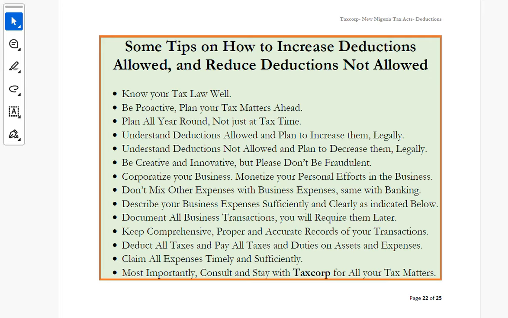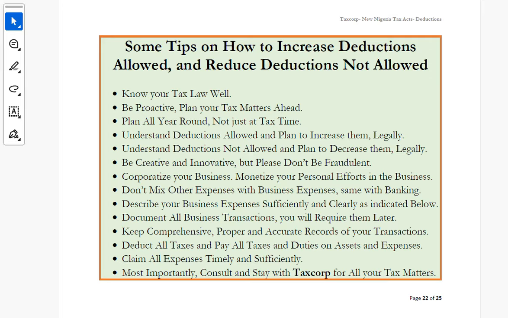Don't wait until tax arises before you start planning. Understand deductions allowed and plan to increase them legally, not illegally, please. Understand deductions not allowed and plan to decrease them. Again, do that legally and not illegally. Be creative and innovative, but please don't be fraudulent or evasive.